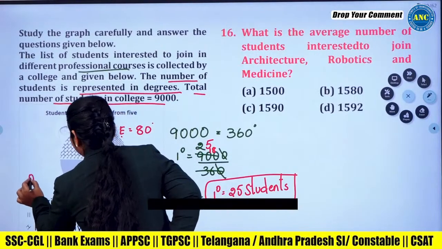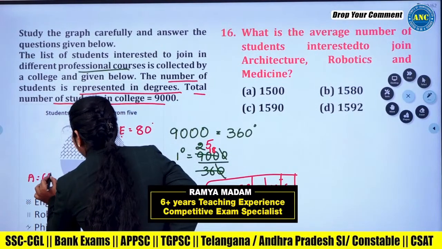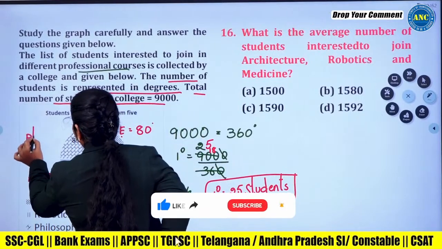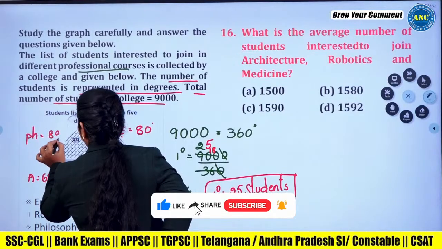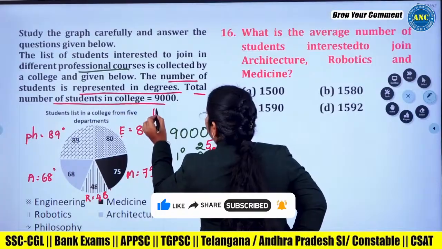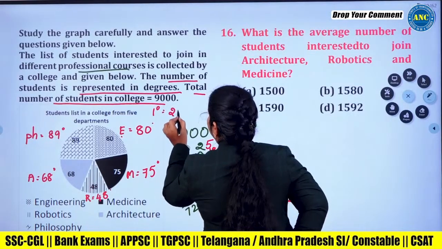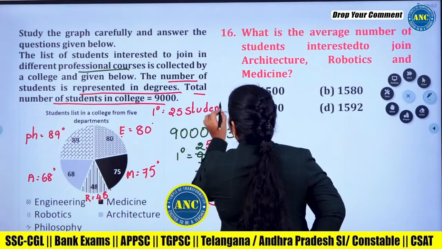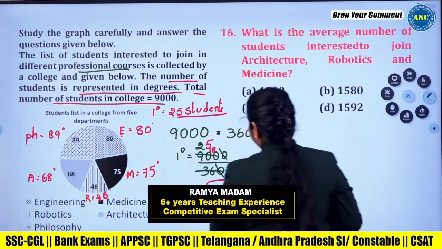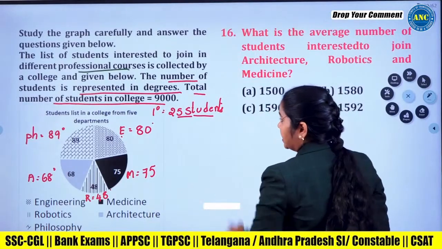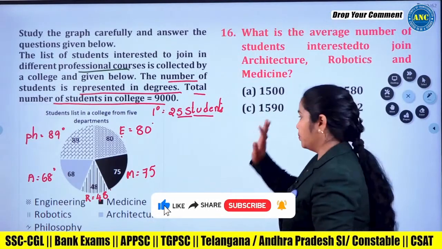Architecture, 68 degree students. And philosophy, 89 degree students. Also, 1 degree is equal to 25 students. Right? Information is clear. Have we got 1 degree is equal to 25 students? I already told you. Fine.